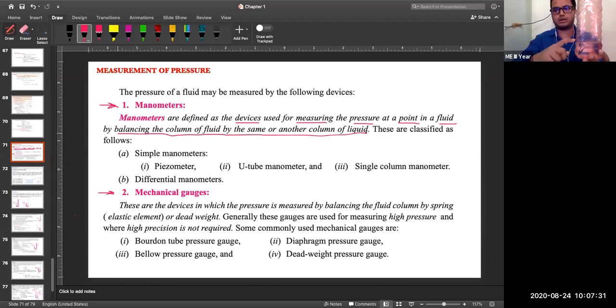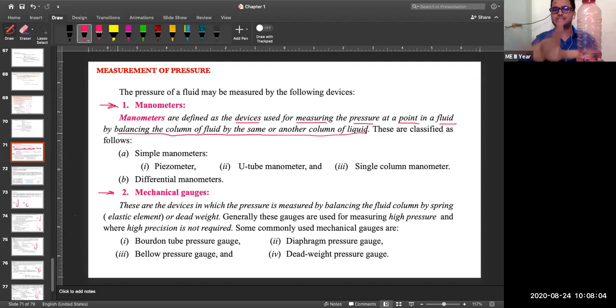Now what I'm going to do, I'm going to make a hole over here and insert a small glass tube, horizontal then vertical. Then you will observe the water level in this bottle and the water level in this glass tube will become at some level.